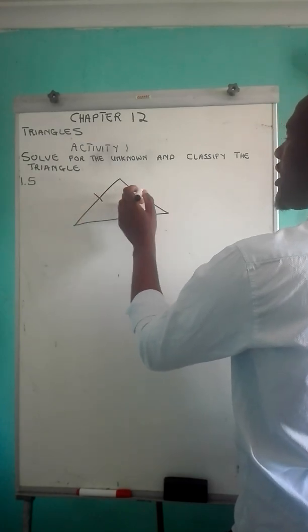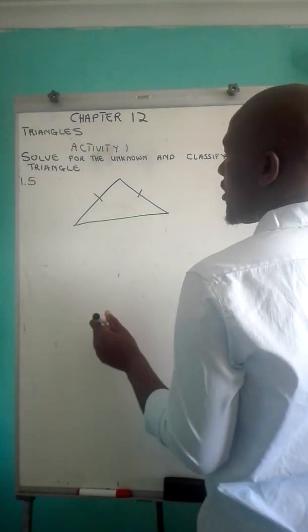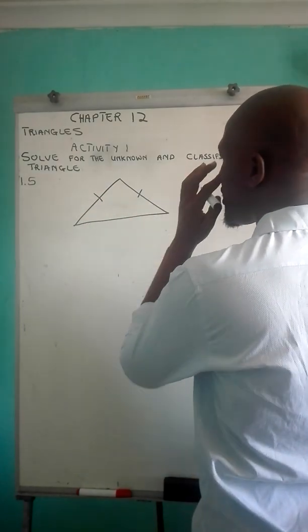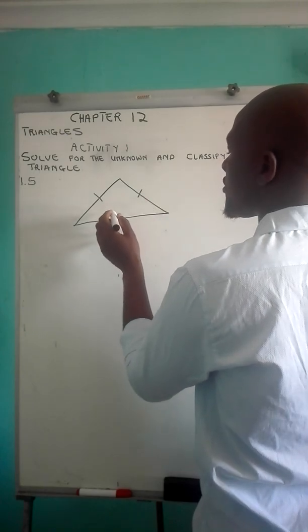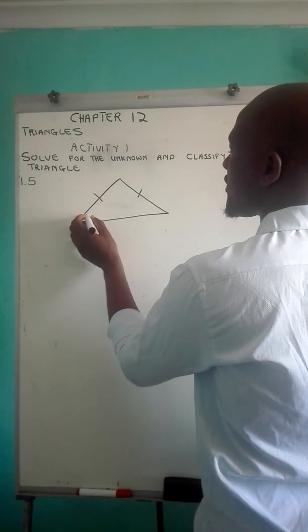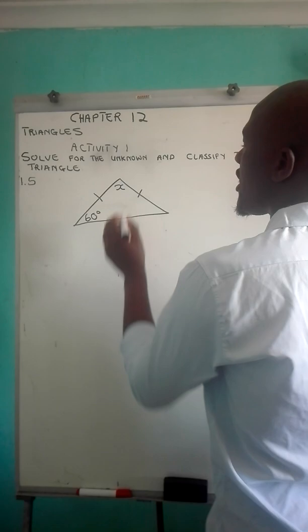I can say this side is equal to this side, and I can say this is 60 degrees, and I can say this is x.